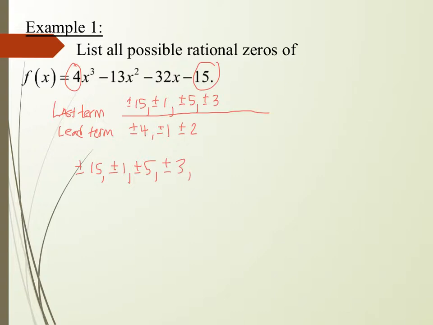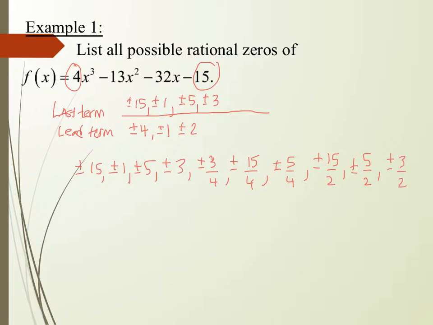We could have plus or minus 3/4, plus or minus 15/4, plus or minus 5/4, and then we can go into the halves, which would be plus or minus 15/2, plus or minus 5/2, or finally plus or minus 3/2.